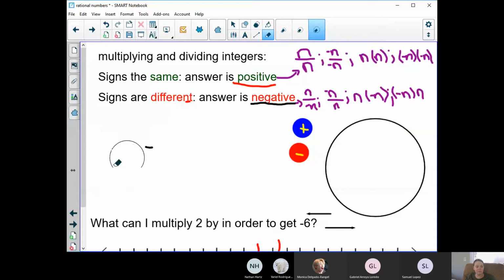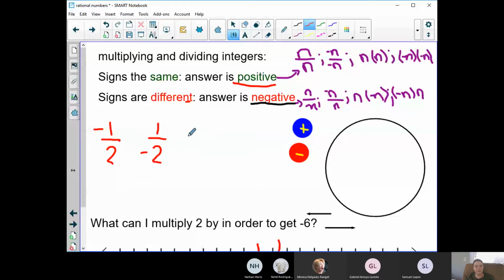All right, so now there's one more thing I want to look at. Let's say we have the problem -1 divided by 2, or 1 divided by -2, or -1 divided by 2. What do you notice about these three problems?